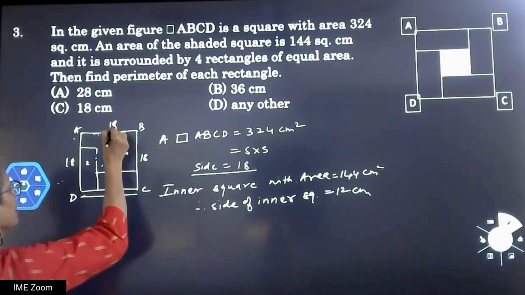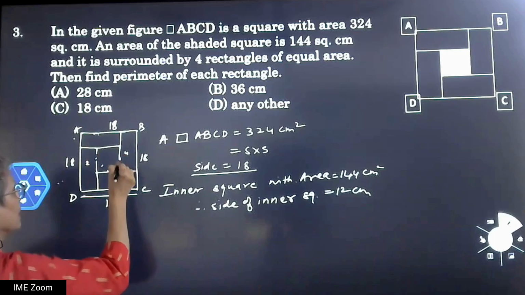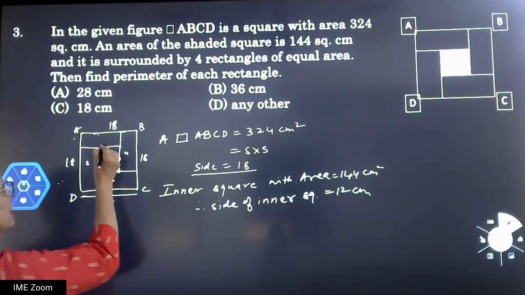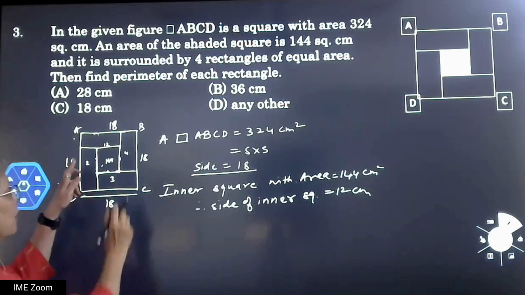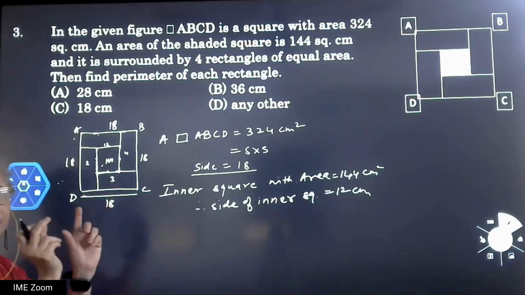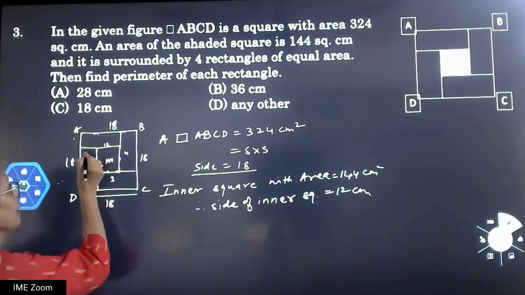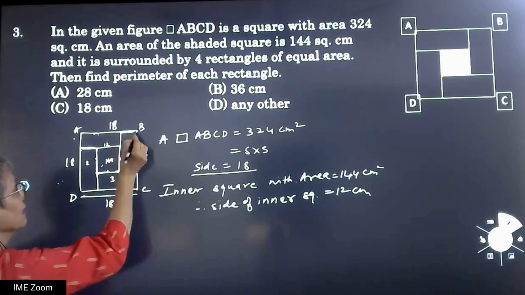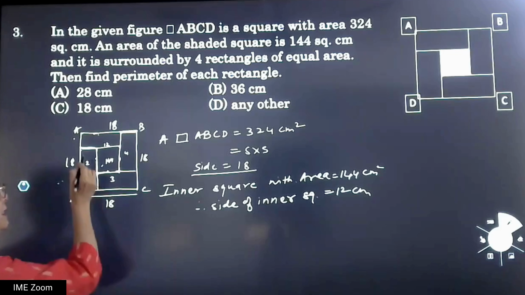This is 18. And now this side, because this square has area 144, this side is 12. And because these rectangles are identical, their breadths are equal. So this much portion and this much portion are the same, right?